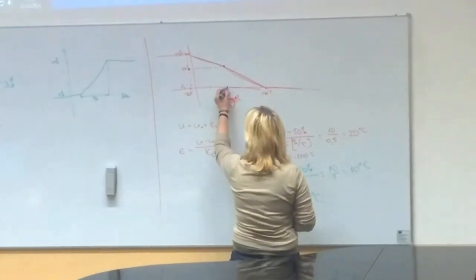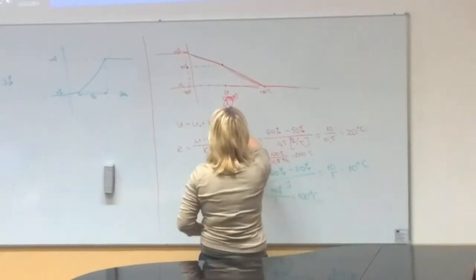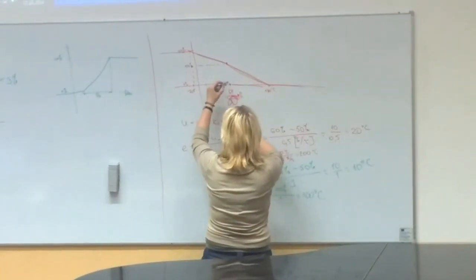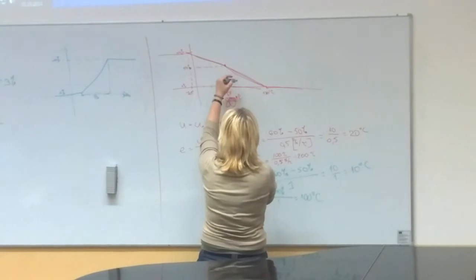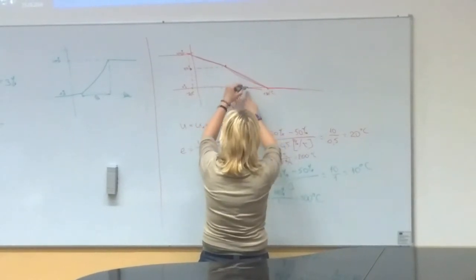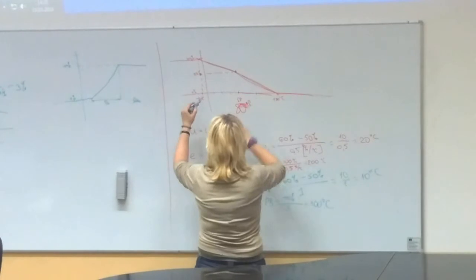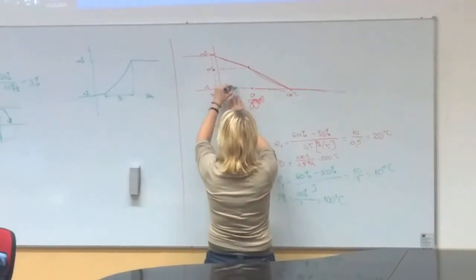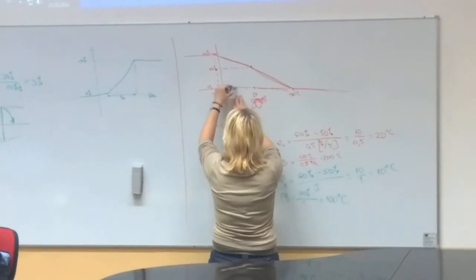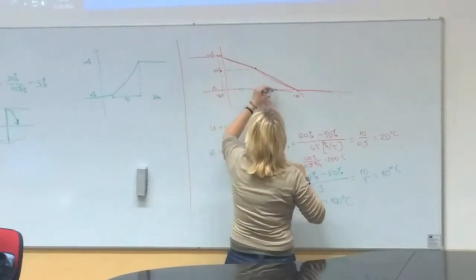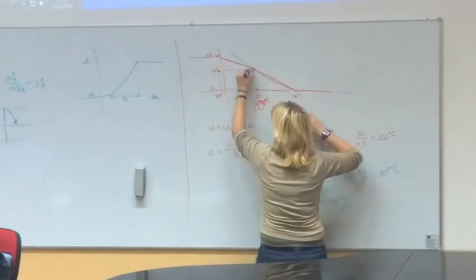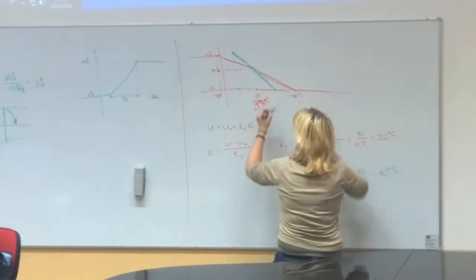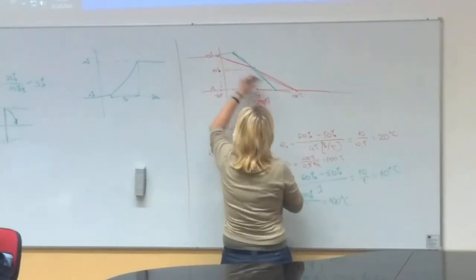At the initial position, if this is 80, we divide 100 by 2, it will be 50. So 130 somewhere, and then 30 somewhere here. So this is the characteristic for the second controller, like that.